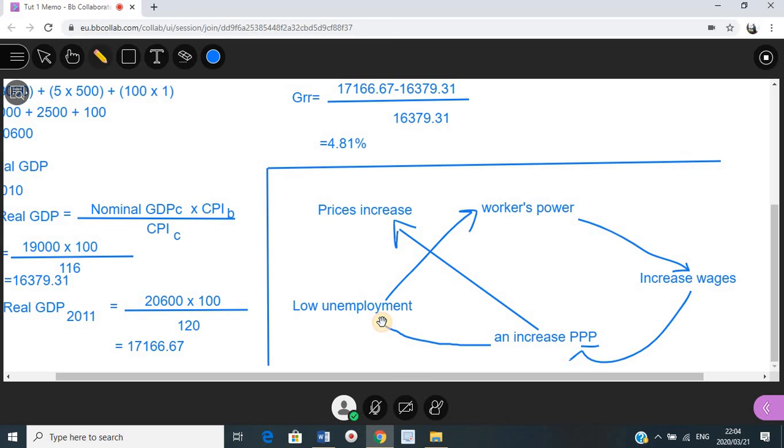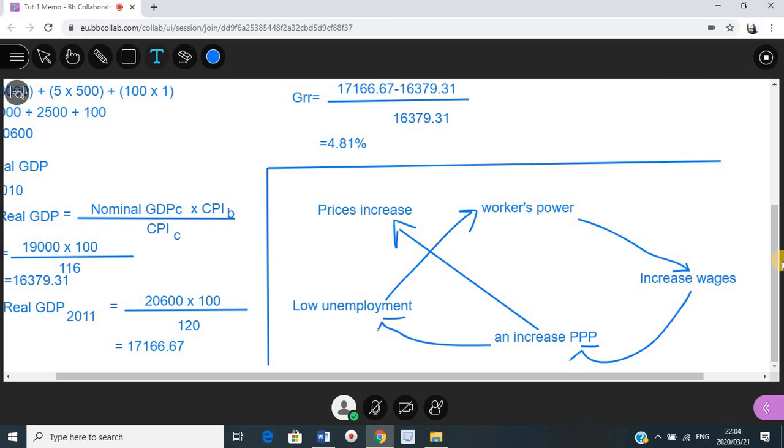The cycle goes on. So this is what basically happens. This is the reason why there is a negative relationship between inflation and the unemployment rate. All right, very good.